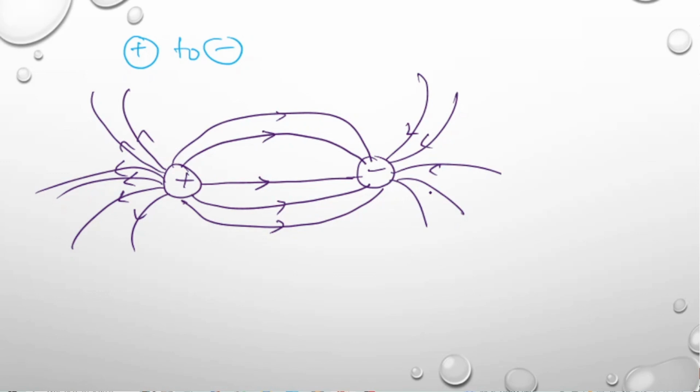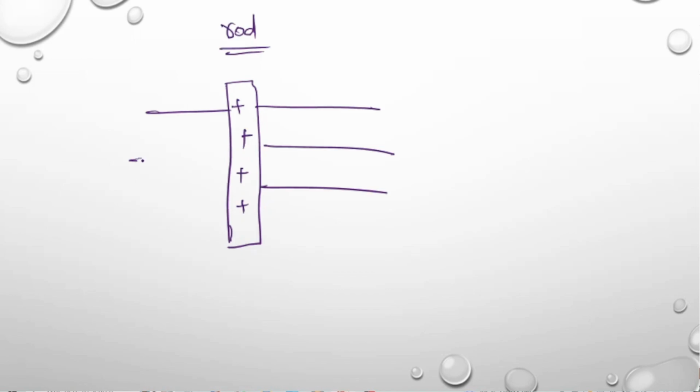So, for example, now you take two different types of slabs. This is a positive rod. How will the electric field act? Like this. It will move radially outwards.